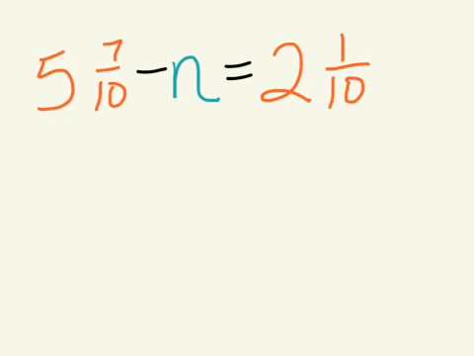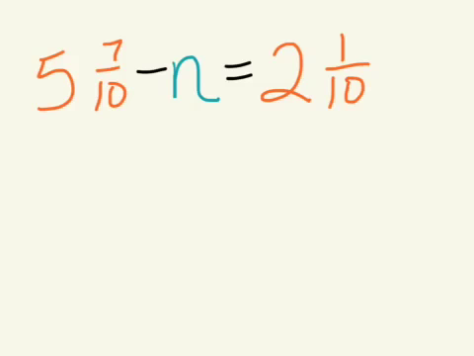What we're basically saying is from left to right, Trey started with 5 7/10 oranges. He took out a number, we don't know how many, because he ate them, so they're gone. We have to take it away from the set that he started with. And now he has 2 1/10 left.